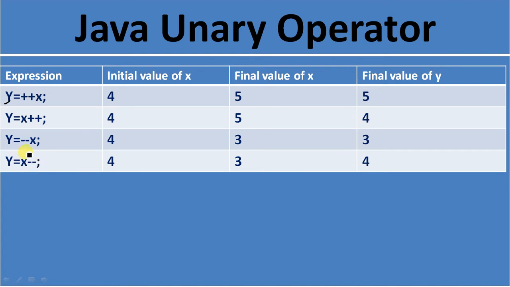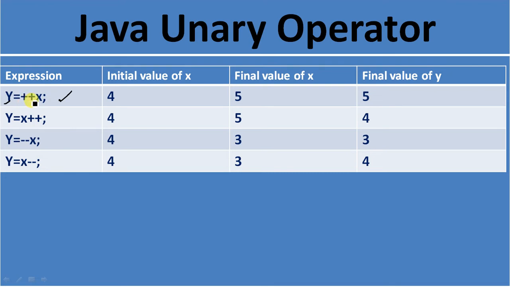Let's suppose the initial value of x is 4. First we will discuss the first expression. What is the final value of x and what is the final value of y after executing this expression?